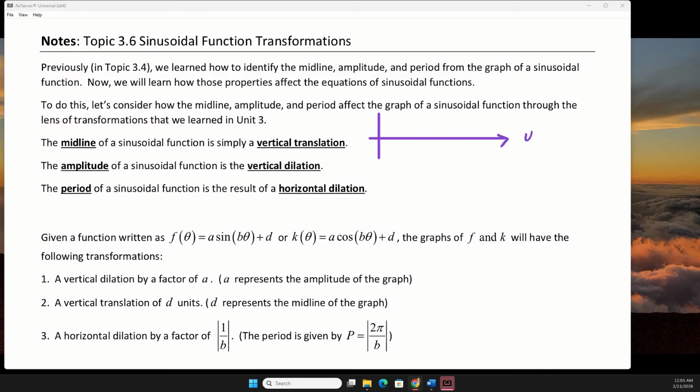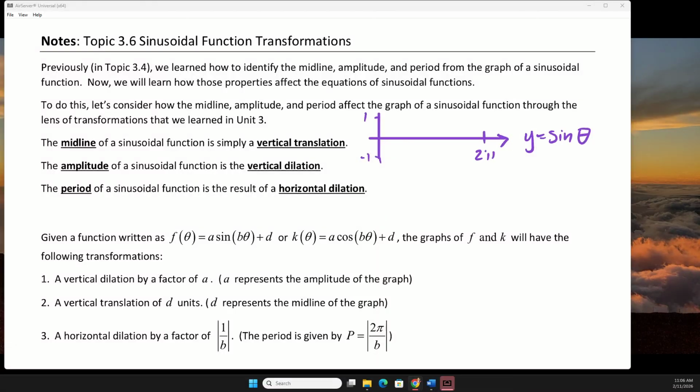So this one is going to be sine of theta. The sine graph is going to oscillate, the y is going to oscillate between -1 and 1. Do you guys know what the period of sine is? Just plain old regular sine? It's 2 pi.